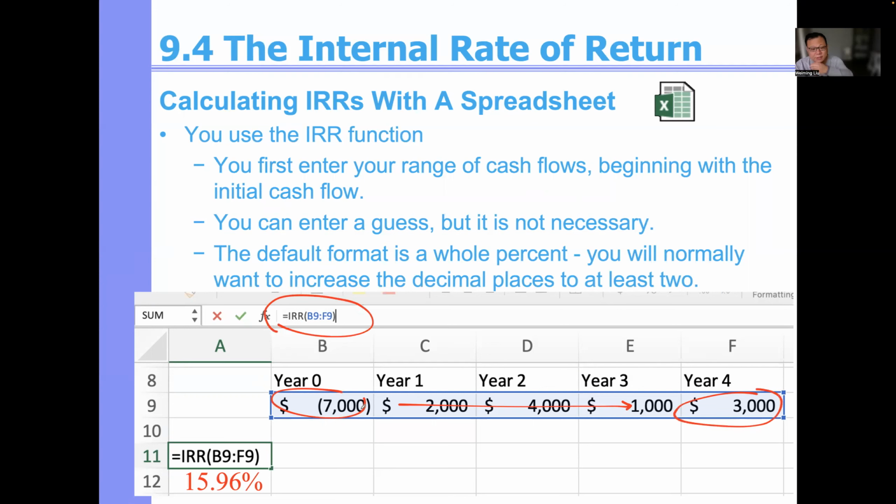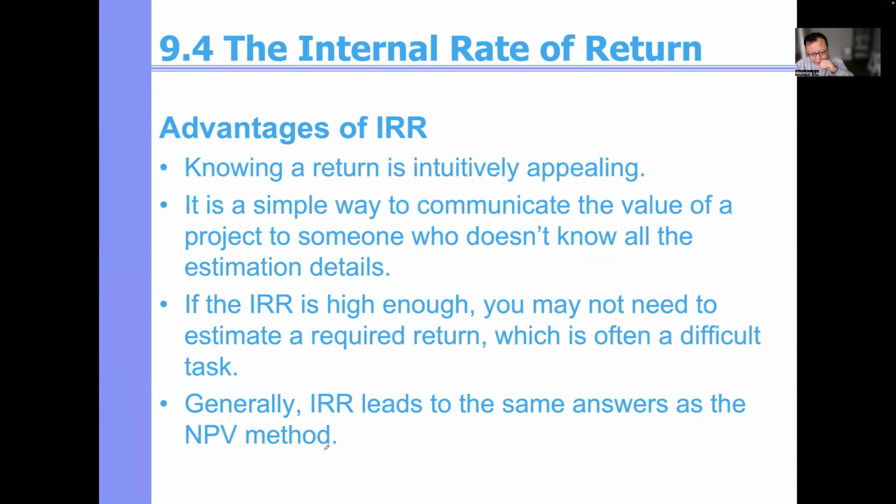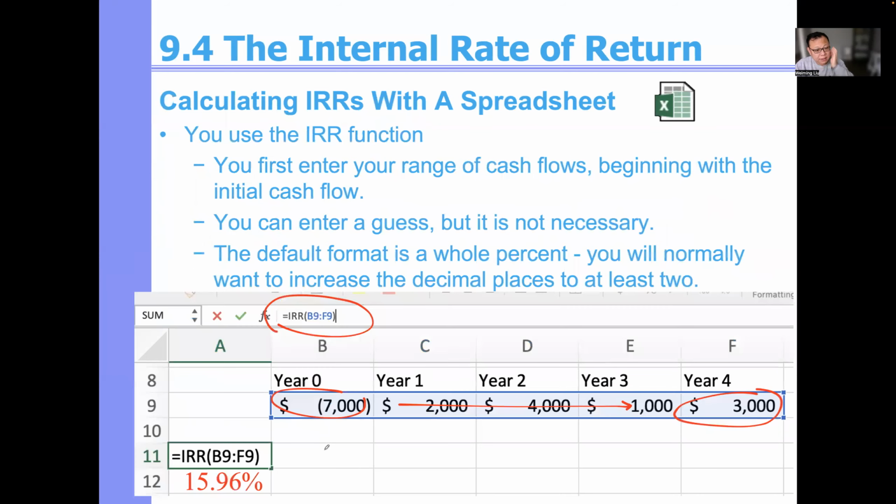These are the 5 cash flows. So you say IRR, and then it spells out a number, which is 15.96%. That is the internal rate of return.